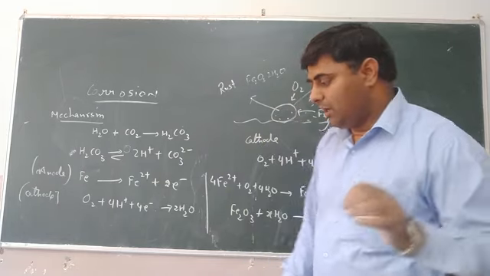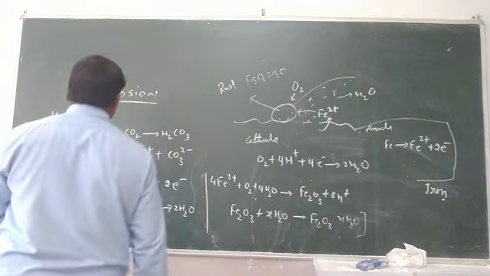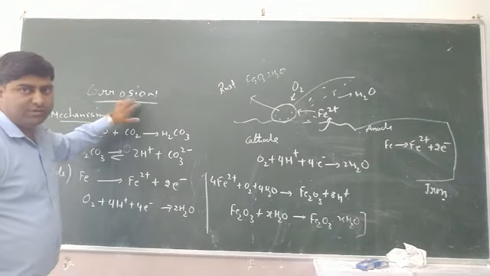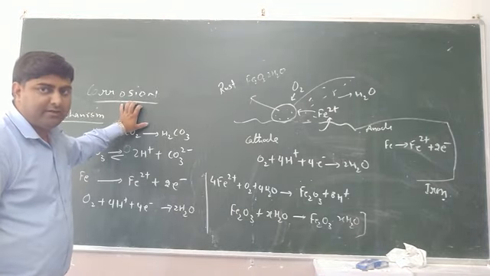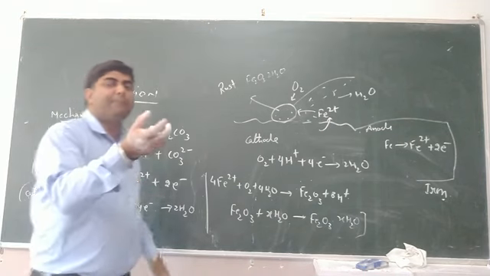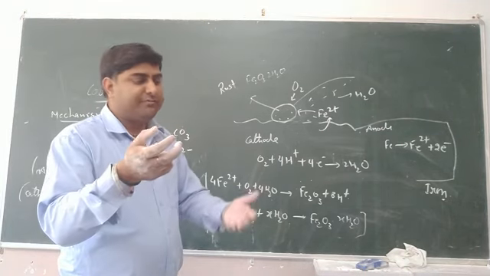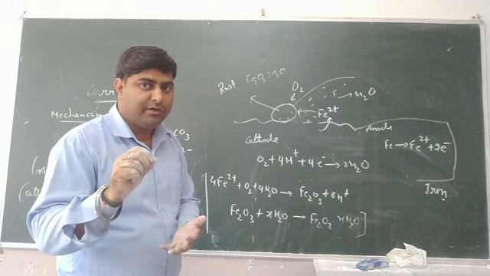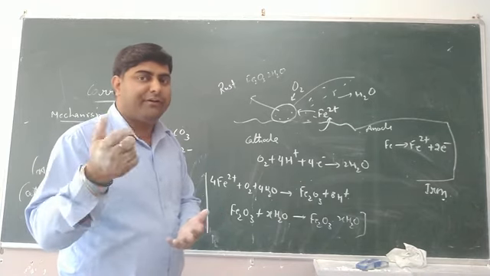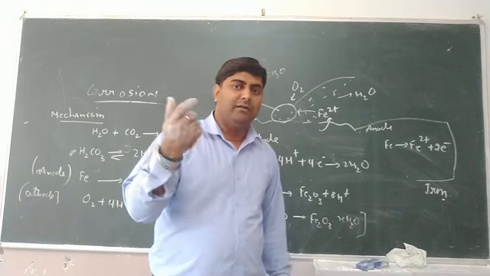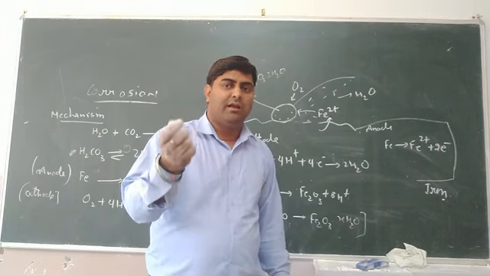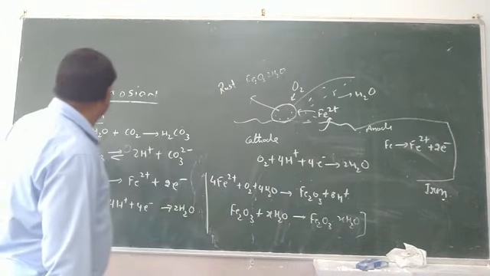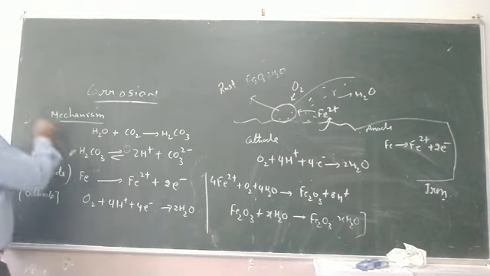Explain. Now you can see here, when we talk about corrosion or rusting of iron, rust is a brown colored substance which we obtain on the surface of the iron due to its reaction with oxygen and moisture. Here you can see the mechanism of the reaction.